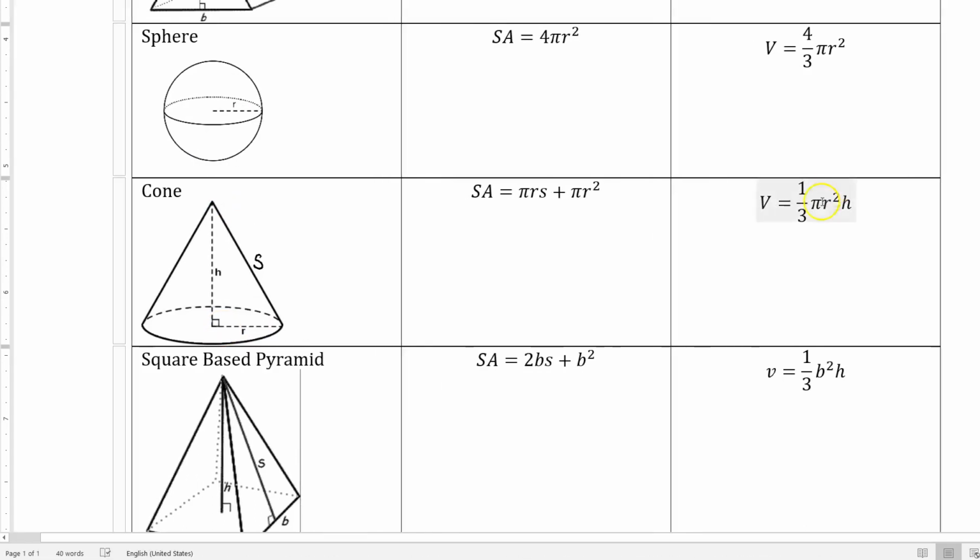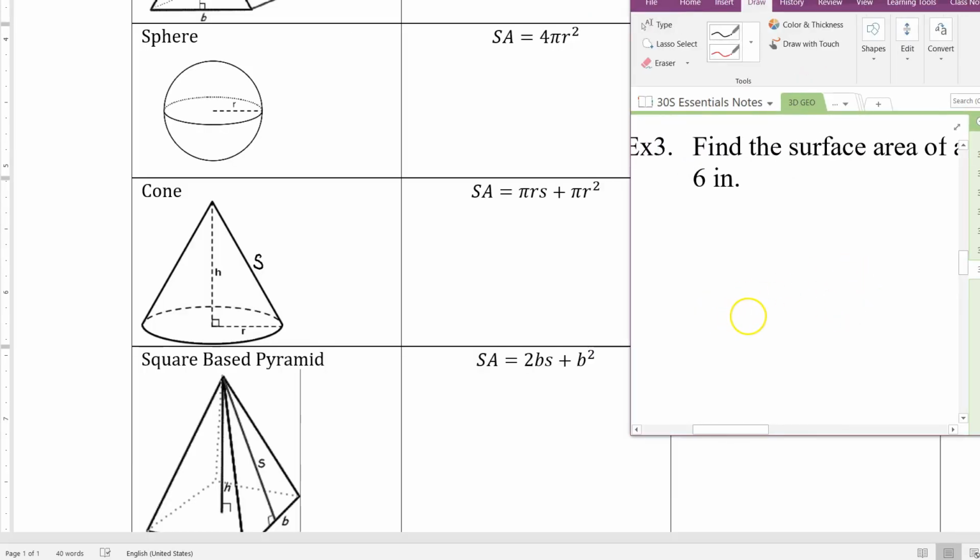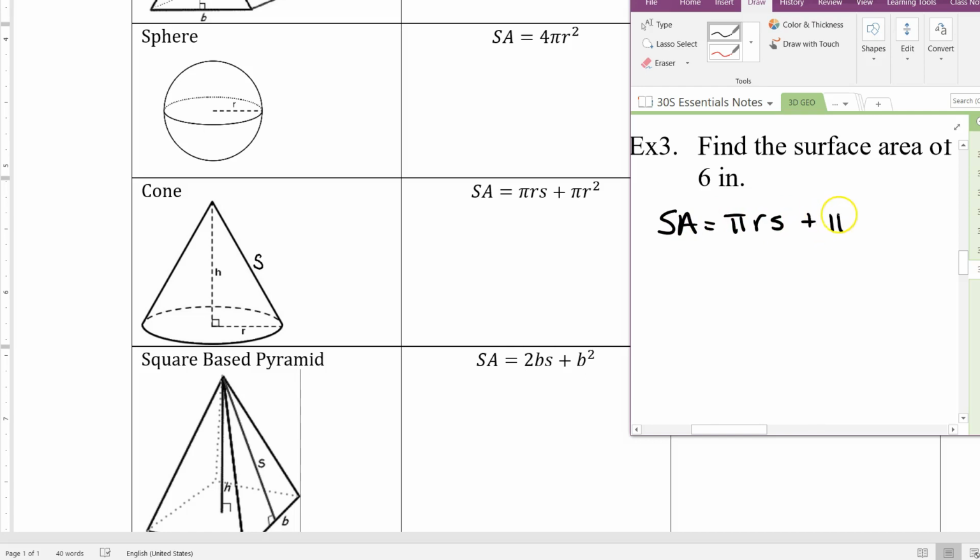So our height we need for our volume formula, so don't worry, we will still use it. But for the surface area of a cone, we just need that slant height. So I'm going to write it down, a good little math student. So the surface area equals pi r s plus pi r squared.